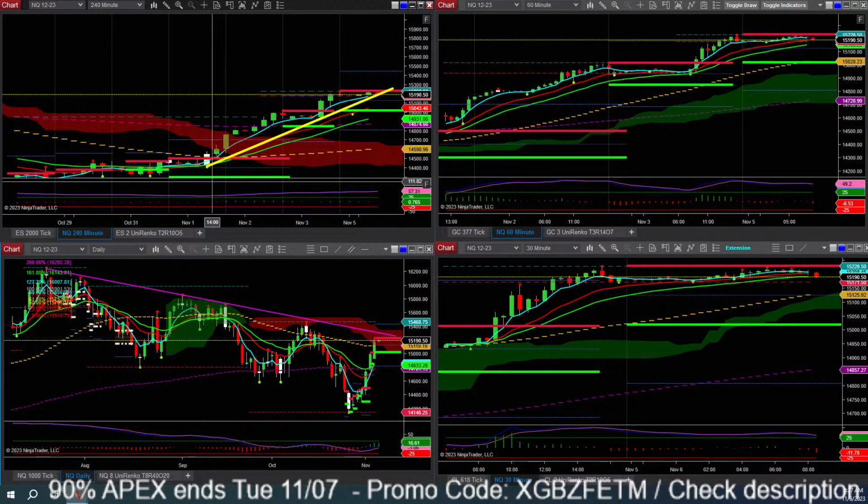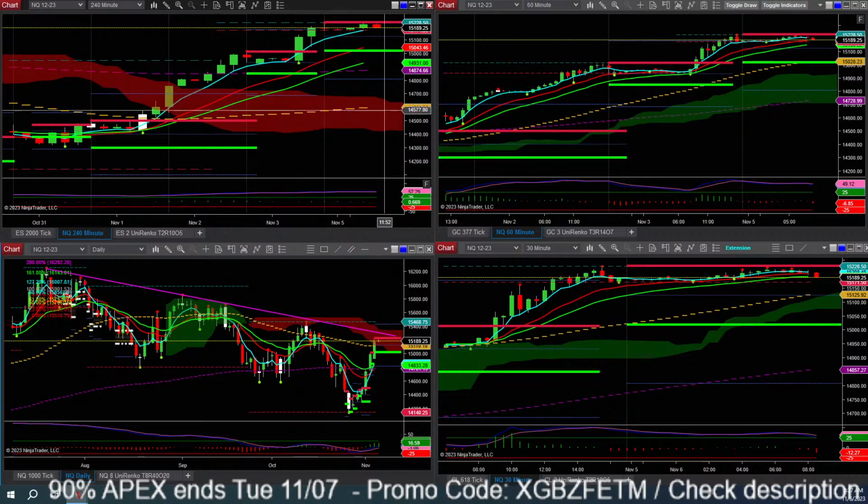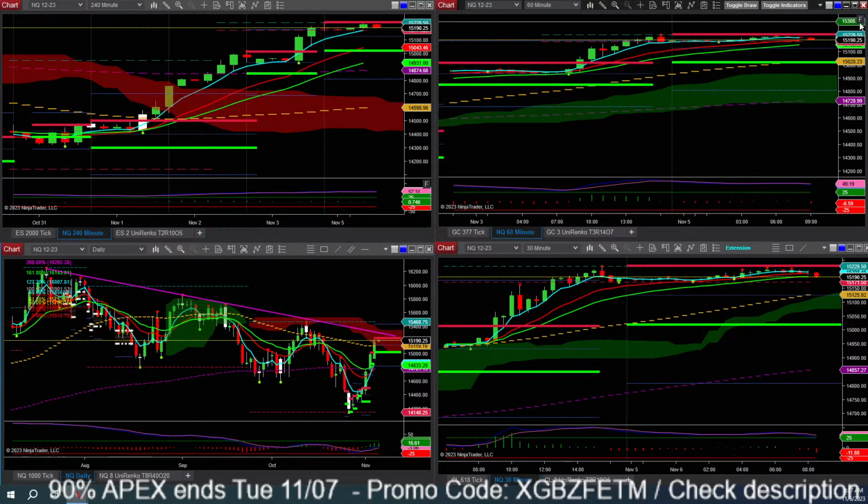Right on support level, so it could go either way. I would say that it looks heavy. It looks heavy to me. So it's moving sideways. It already moved a big chunk to the upside, and then we're facing support resistance here.